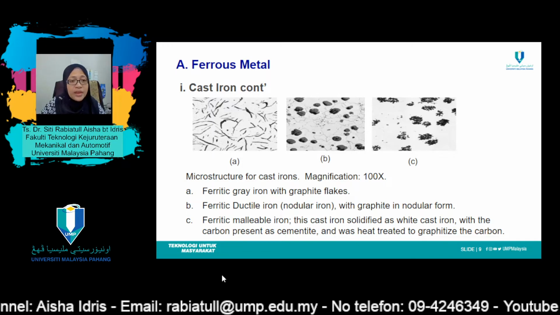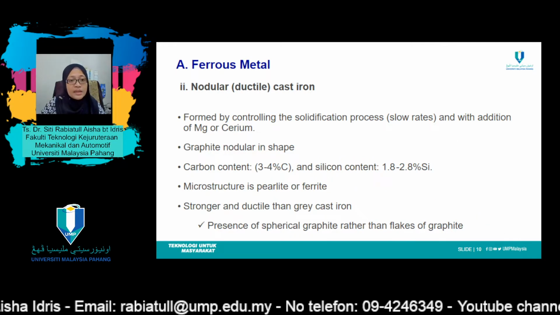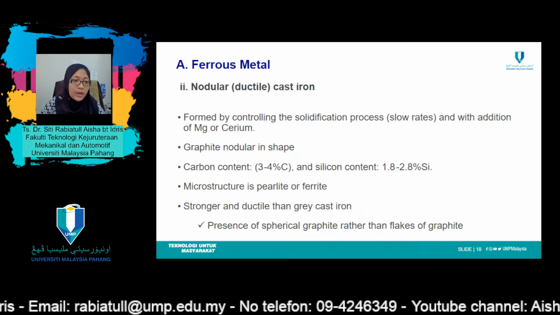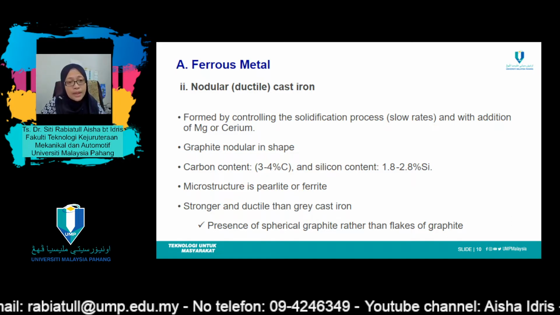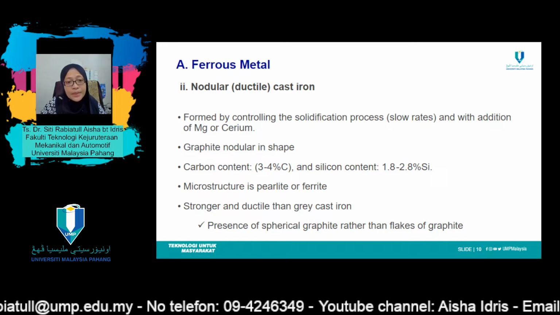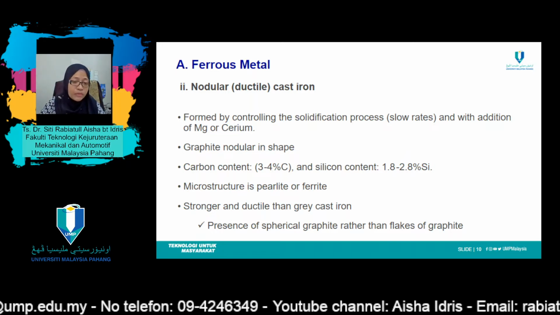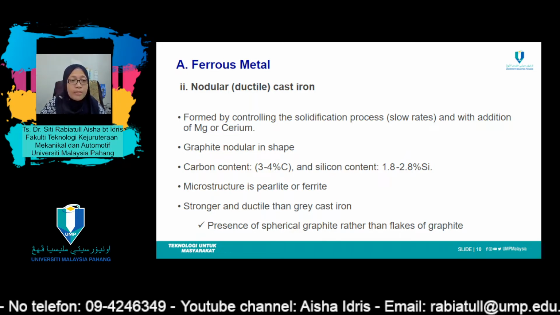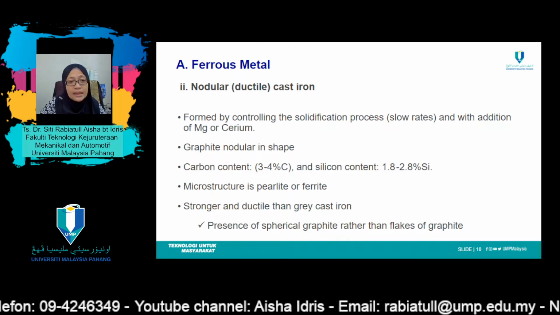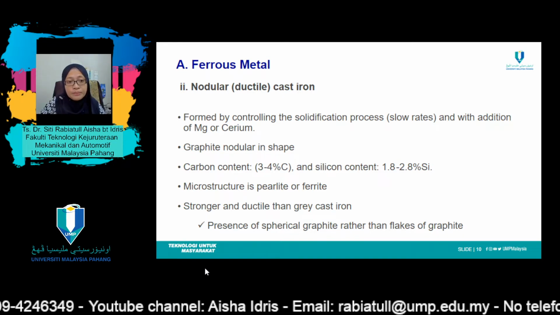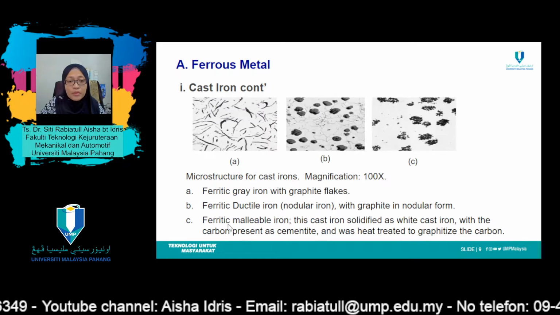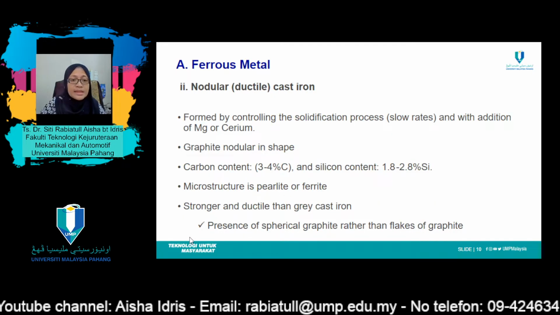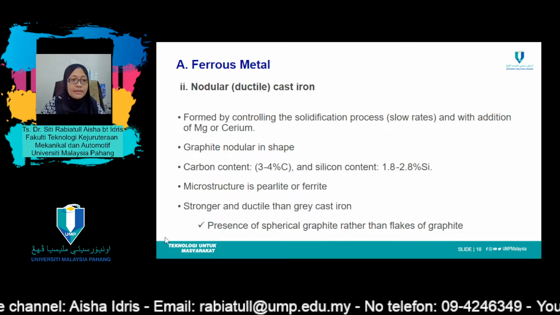The matrix phase surrounding these particles is either pearlite or ferrite, depending on heat treatment. It is normally pearlite for as-cast pieces. However, a heat treatment for several hours at about 700 degrees C will yield a ferrite matrix, as in this photograph over here.